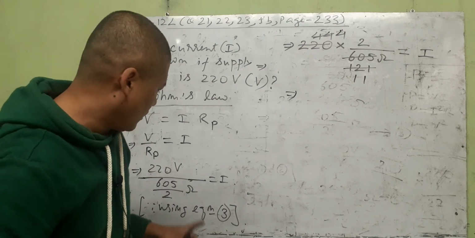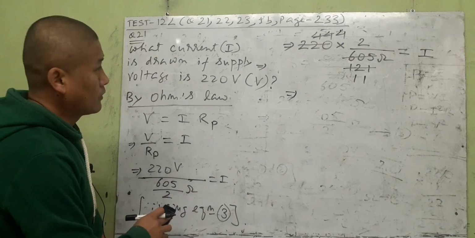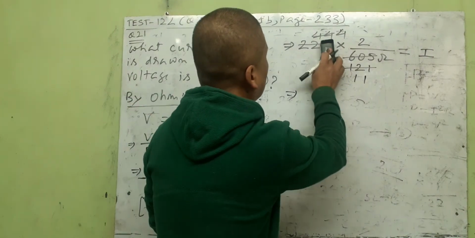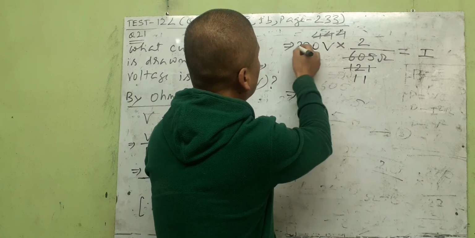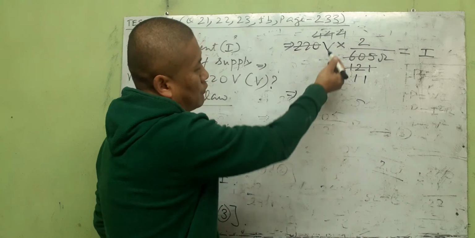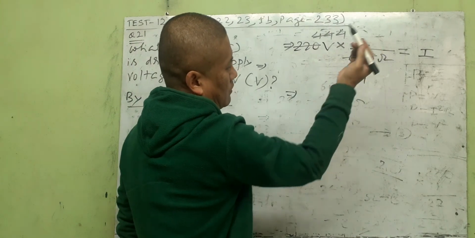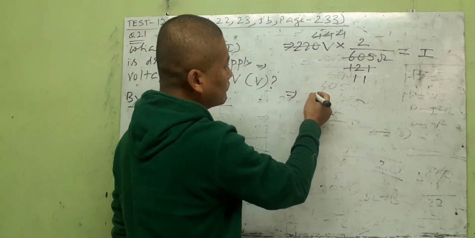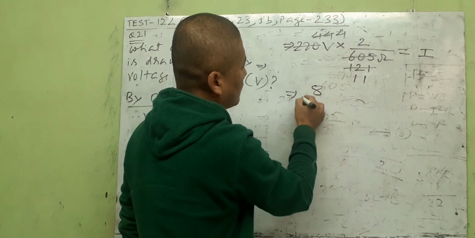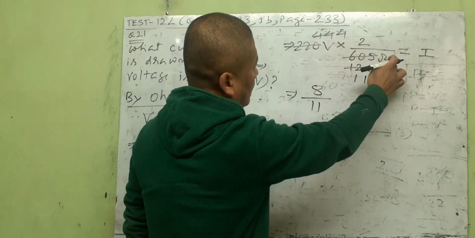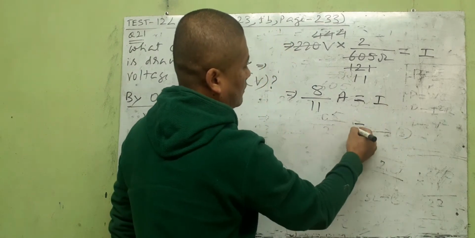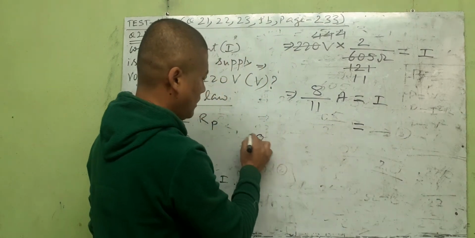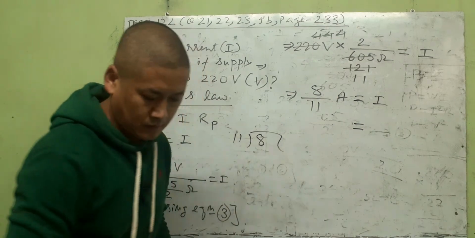Okay, instead of putting ohms and all these things, we can write here a slight correction, 220 volts, cancel. Now we know volt by ohm is ampere, the SI unit of current I. So 4 twos are 8 divided by 11.